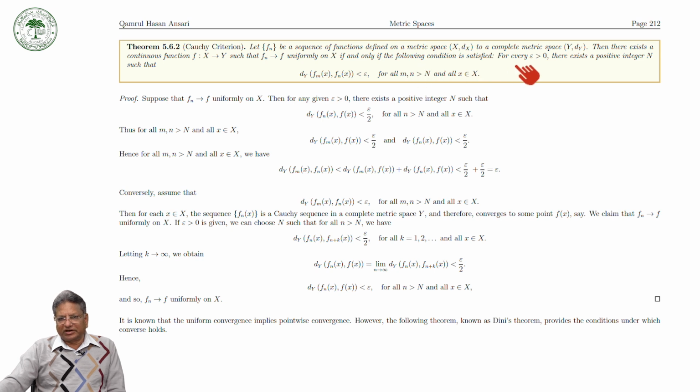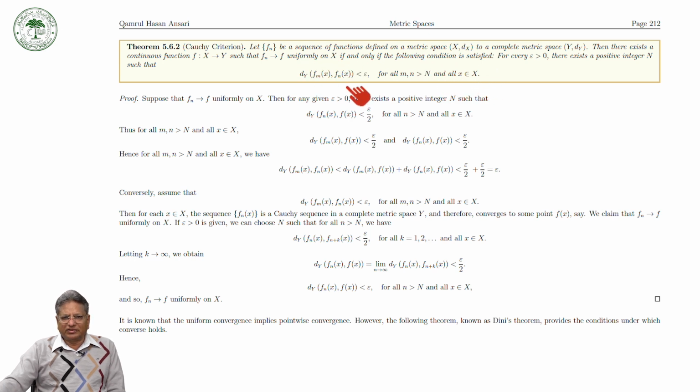The condition is that for every epsilon positive there exists a positive integer N such that d(Fm(x), Fn(x)) is less than epsilon for all m, n greater than N and all x in X.